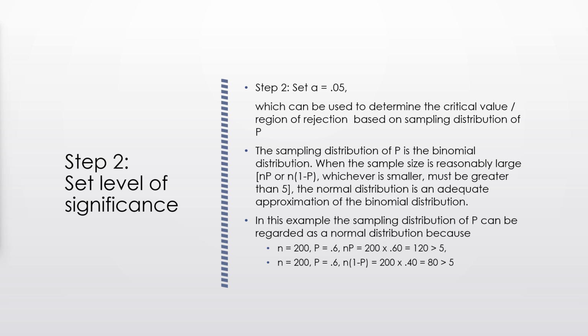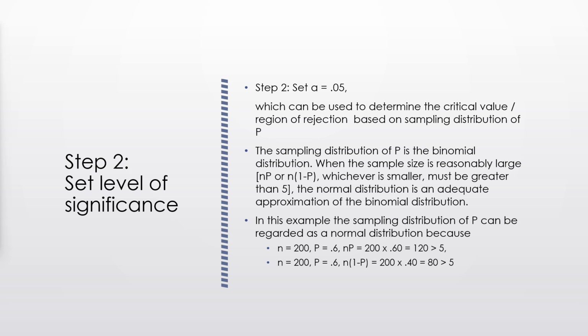With a large enough sample, this distribution adequately approximates a normal distribution. Note that the sampling distribution would instead be a binomial distribution if the sample were small.